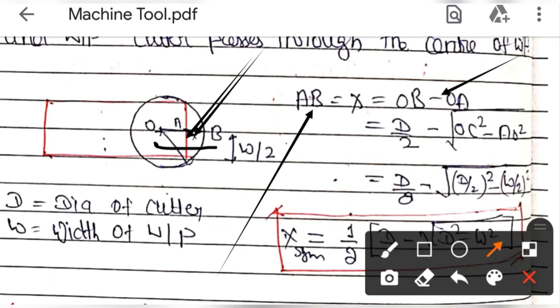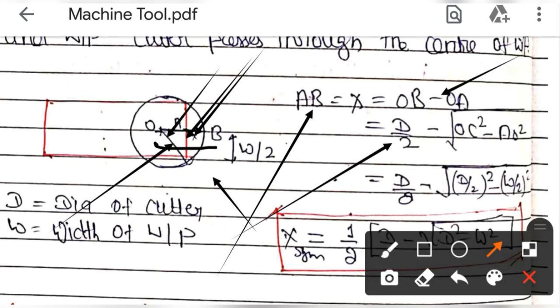From the geometry you may not feel it is the radius of the cutter, but OB is exactly the radius of the cutter. So we can write OB is equal to D by 2, and OA we can write from the Pythagoras theorem. From this triangle we can write OA is equal to the square root of OC square minus AC square.